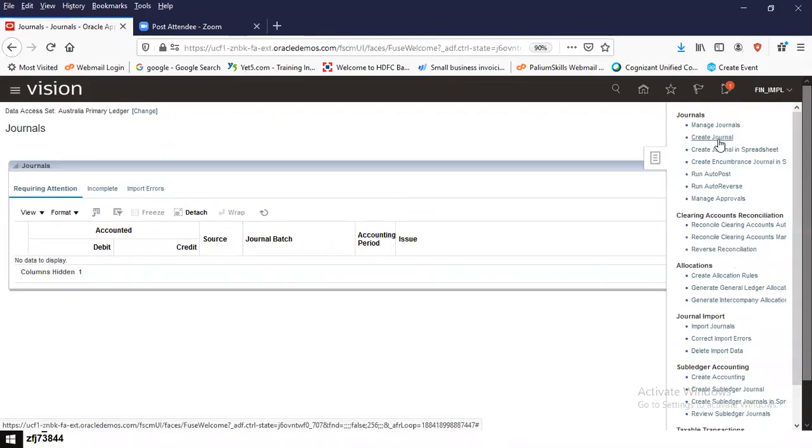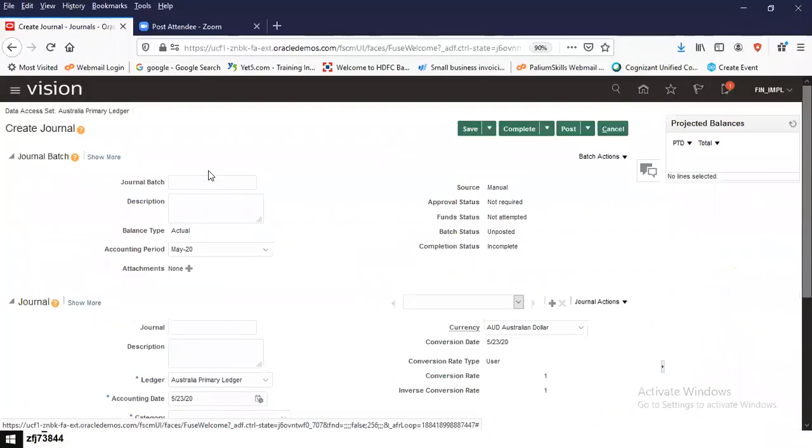So you have the create journal, journal batch, we can specify the name SP intercompany batch.